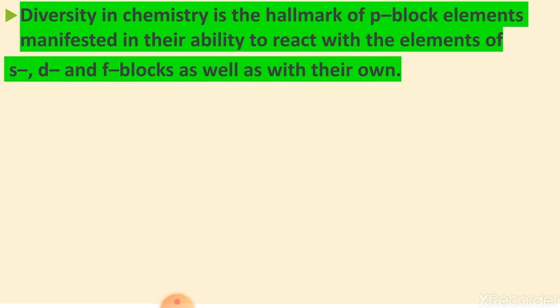That is, P block elements have capability to form the bond with the S block elements, D block elements, F block elements and also with their own elements. That's why they show diversity in nature.